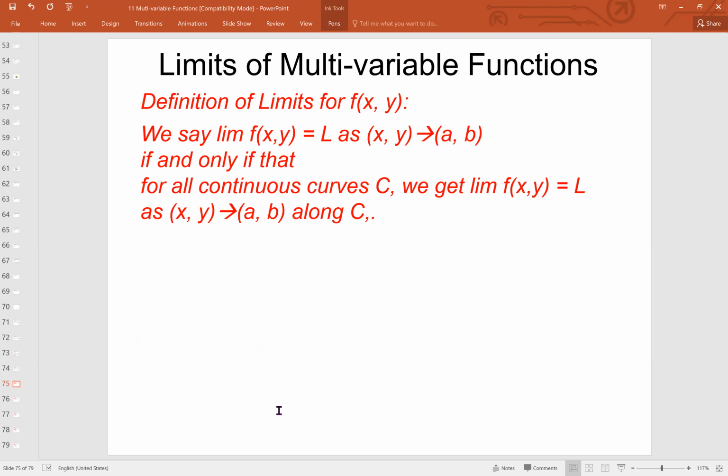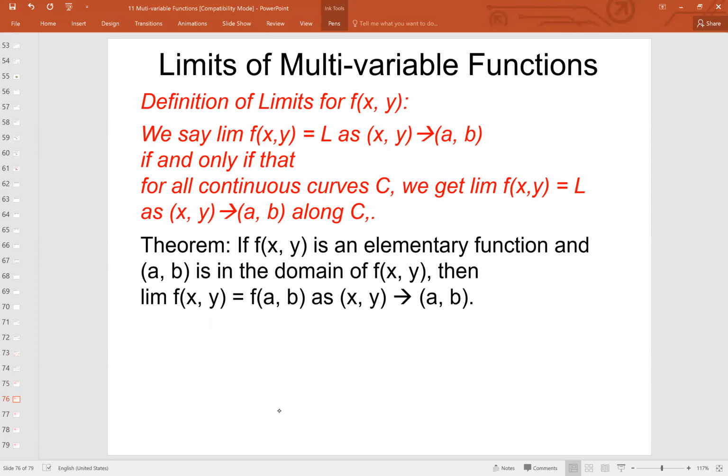And then we say it is continuous, there's no hole there, if f(a, b) actually equals L. The limit exists if the limits coming from all the different curves you can think of all turn out to be the same number.